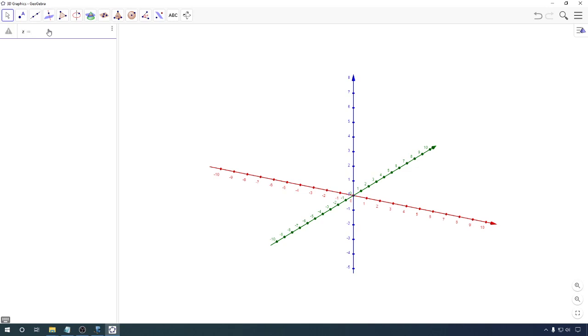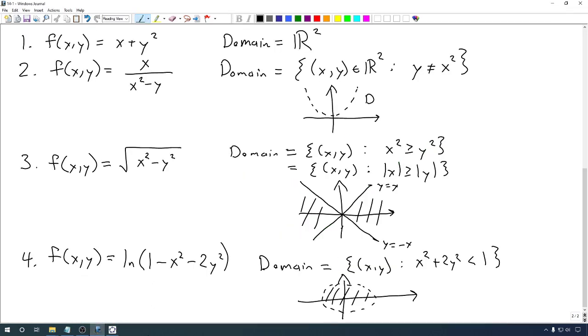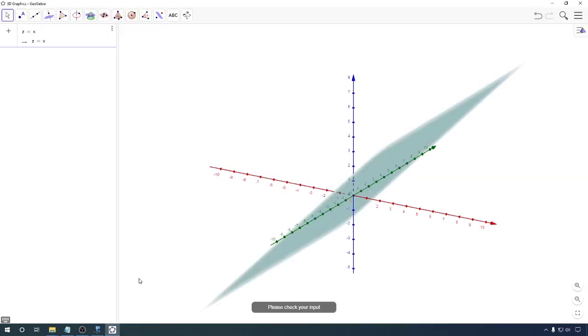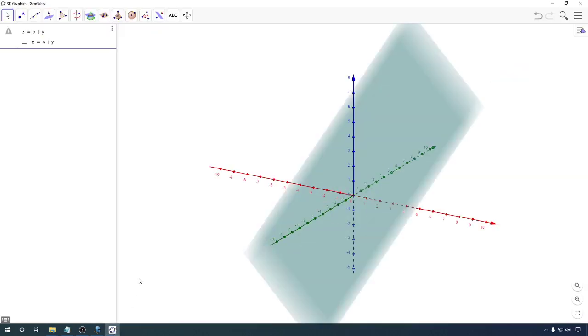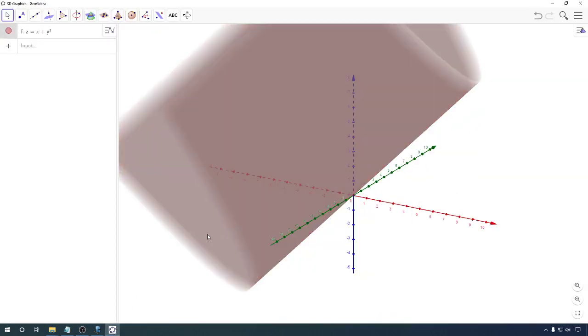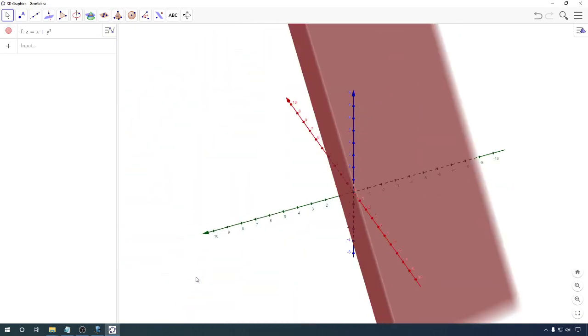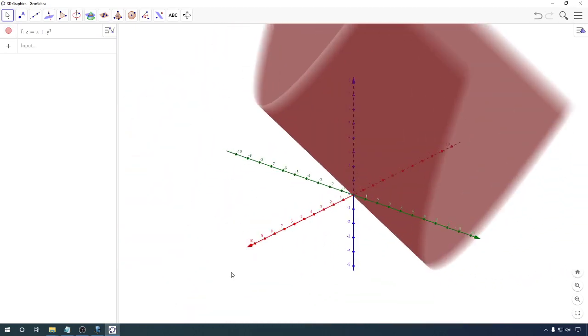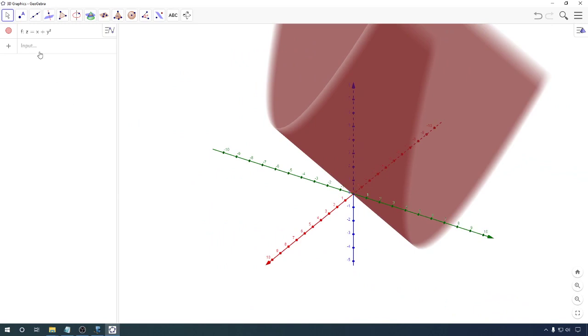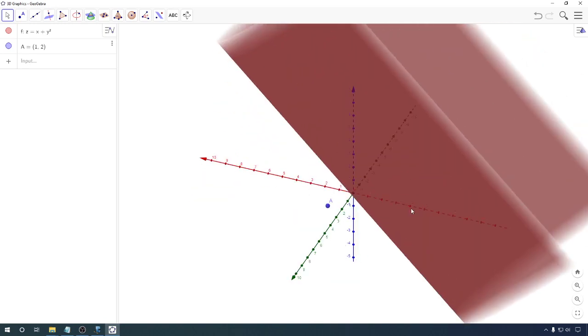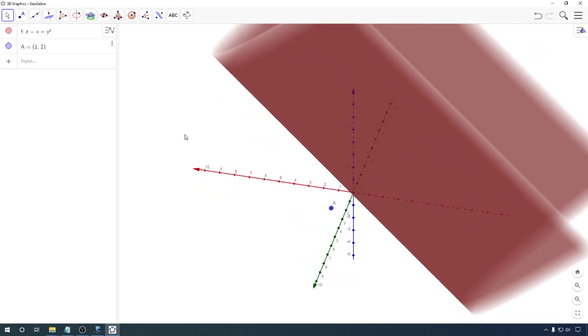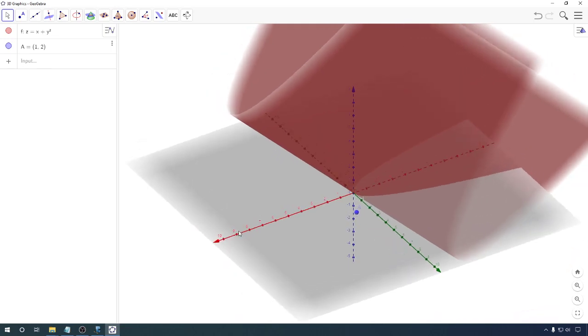But going back to the actual mathematics, what was it? We had z is equal to x plus y squared. And we end up with a surface. At every point x, y, if I put in a point, say 1, 2, that's a point in the plane. So you can actually tell it's down there in the xy plane.